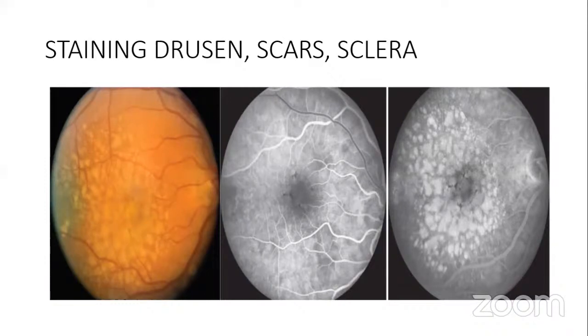Okay, so for the angiogram of a scar and a drusen, the first key is that you have seen the patient in the clinic. You know what you saw on fundoscopy, and you did a fundus photo. So you correlate your fundus photo to the FFA.